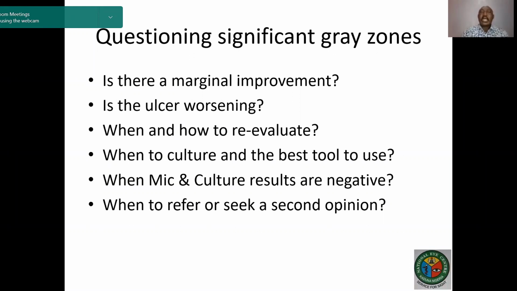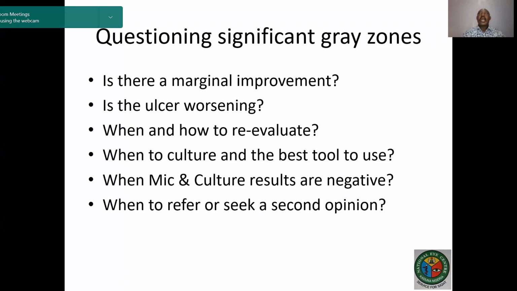We are likely going to be looking at important issues, significant gray areas that come with diagnosis of infective corneal ulcers, particularly when there is just a marginal improvement in the ulcer that you are managing. Also, it becomes more puzzling when the ulcer begins to worsen despite medications or any form of management having been instituted.